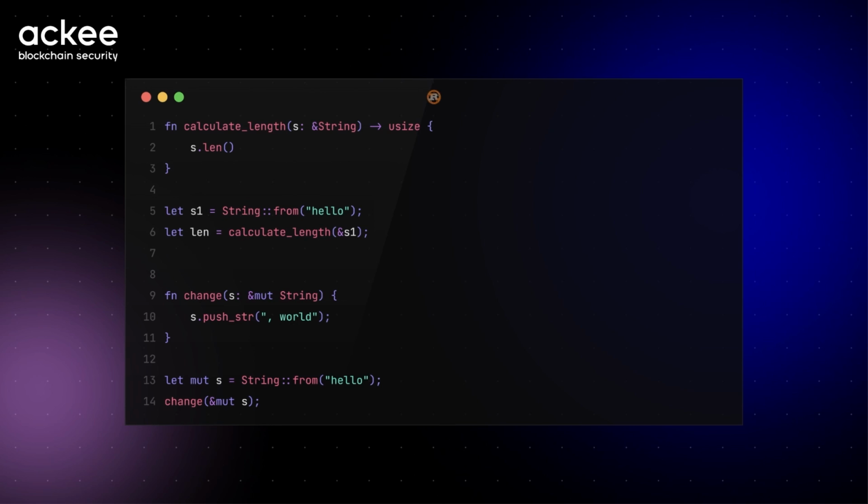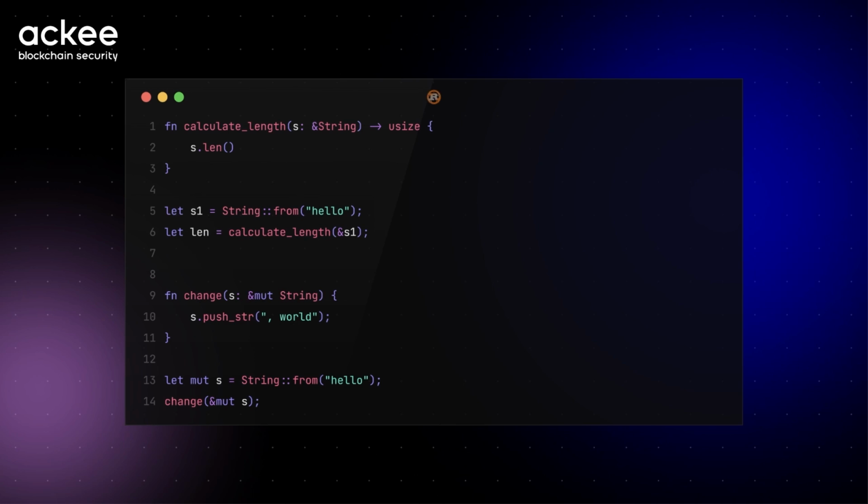We just tell it, here it is, you can read it, but you cannot modify it, and I'm still the owner, I mean S1. In the function, we check the length of the string, and we return this value, or the number of characters.